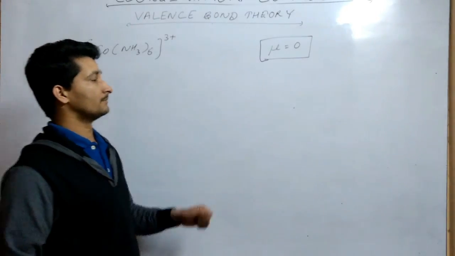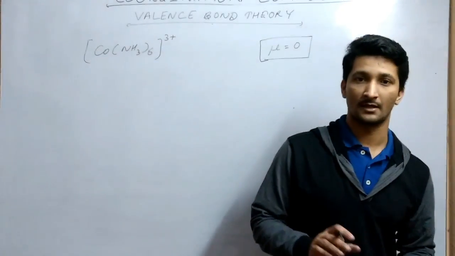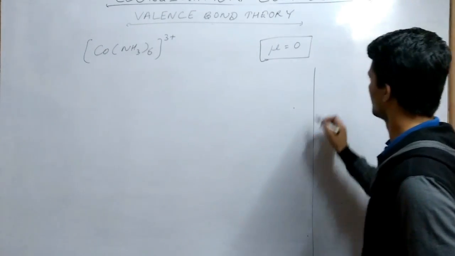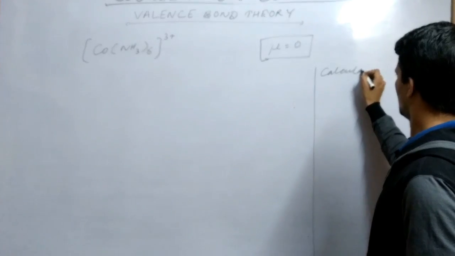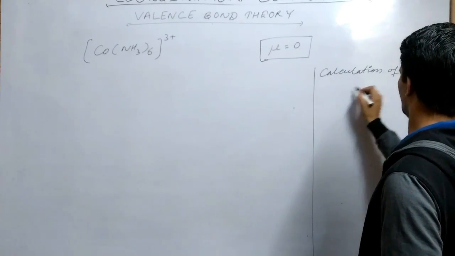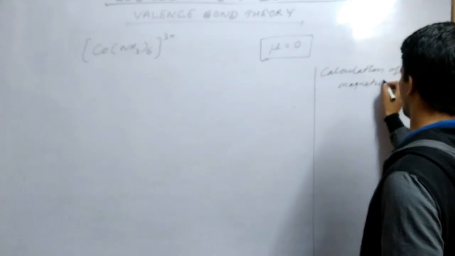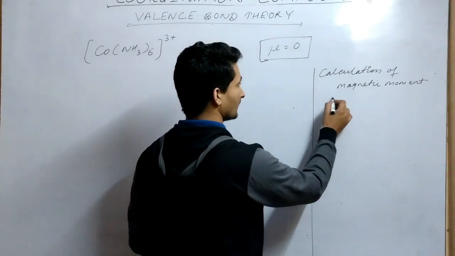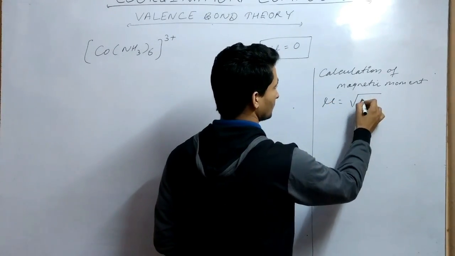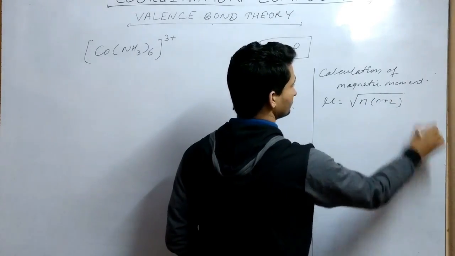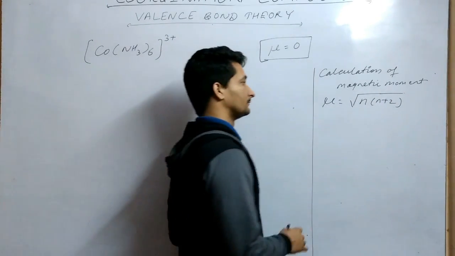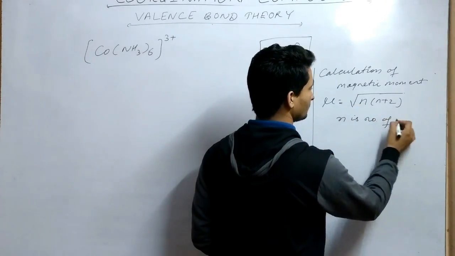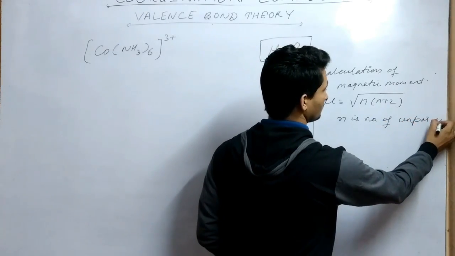But before that we have to understand how magnetic moment is calculated. Magnetic moment mu is equal to root under n into n plus 2, where n is the number of unpaired electrons.